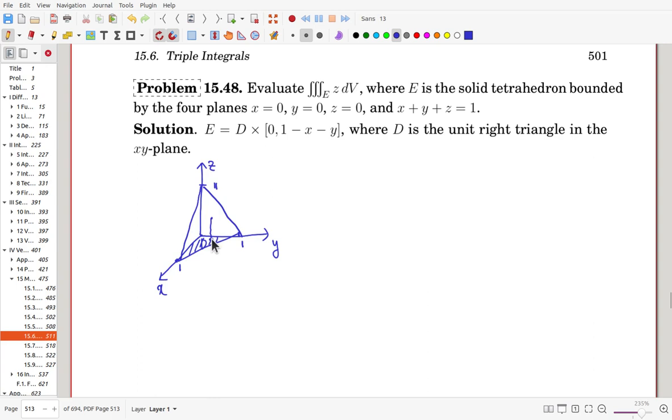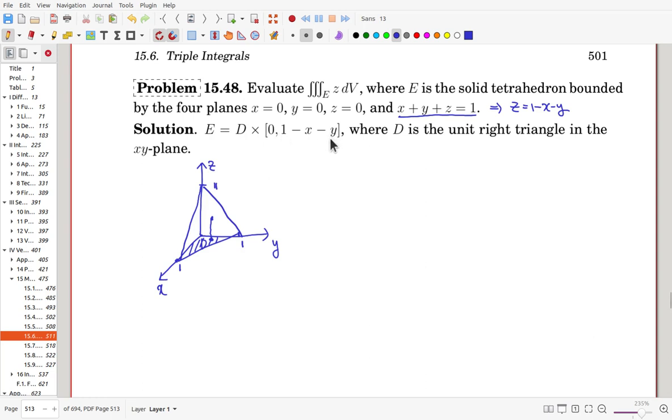So this is the bottom, Z is 0, and the top Z is on this slanted surface, the same as Z equals 1 minus X minus Y. That means E can be D times Z from 0 to 1 minus X minus Y.